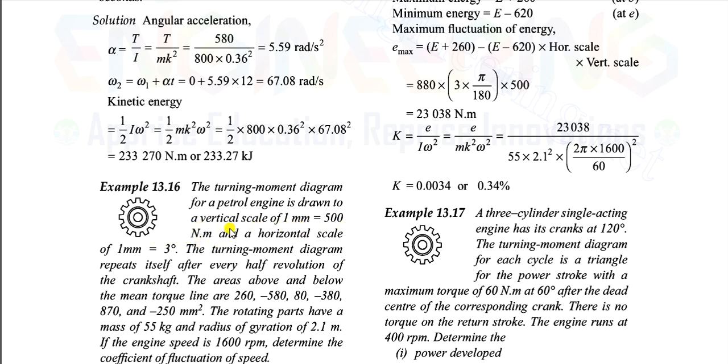So the y-axis is showing torque, the scale is 1 mm equal to 500 Newton into meter, and the horizontal scale, the x-axis, is showing angle, so 1 mm is equal to 3 degrees, okay. It's degrees, not radians, but when you calculate we will need radians, so this scale you have to change. The turning moment diagram repeats itself after every half revolution of the crankshaft, okay.